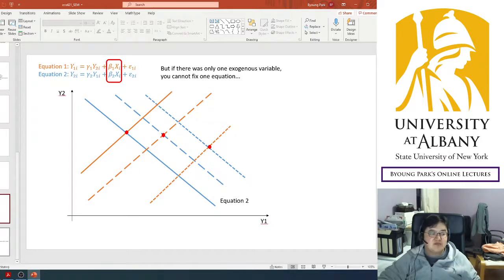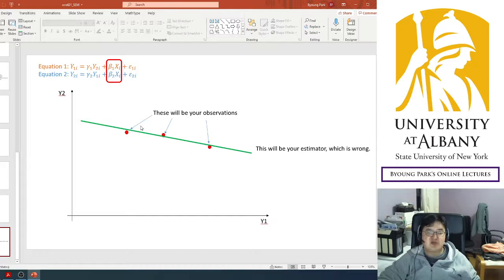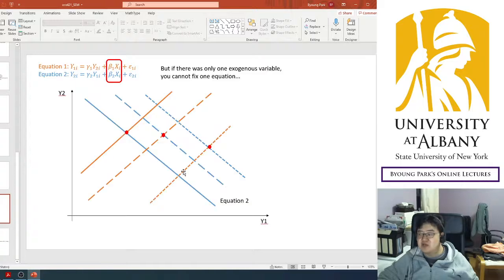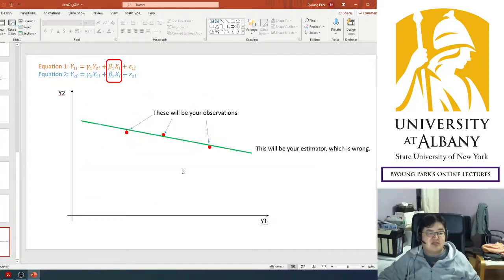So this will be your result. Exactly the same problem as before. By moving x, your observations are not from either equation. So there is no identification achieved. That is the intuition behind the simplest possible simultaneous equations model.